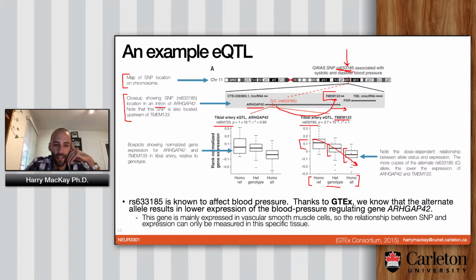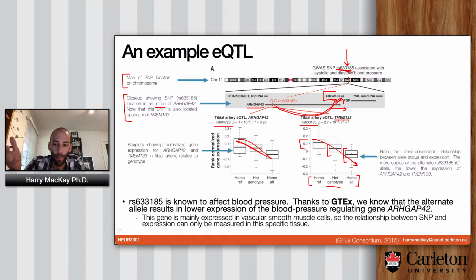Another nearby variant affects RGAP42 in sort of the same way. So in both cases, you've got a variant that's nowhere near the gene that's actually being regulated. It's inside the intron of one gene, so it can affect that gene. But it's also nowhere near TMEM133, yet it's able to affect the expression of it. So if you have GG, you're going to have higher expression of TMEM133 than if you have CC.